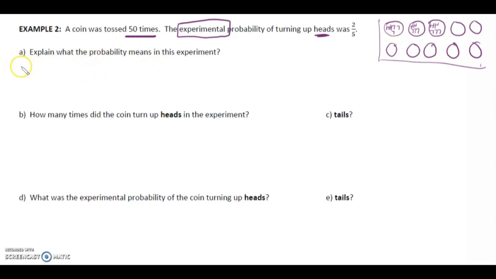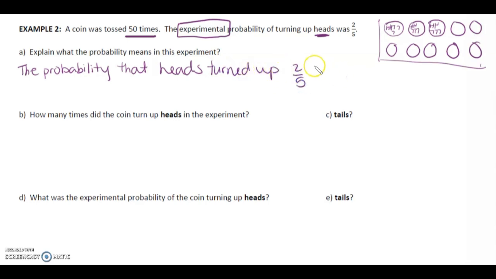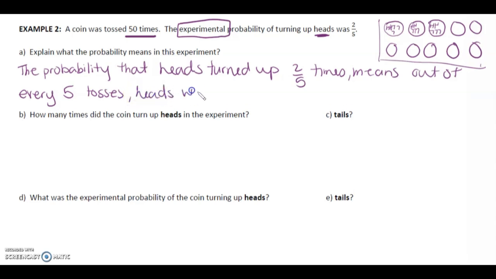Okay, so the probability that heads turned up 2 out of 5 times means out of every 5 tosses, heads was tossed 2 times.